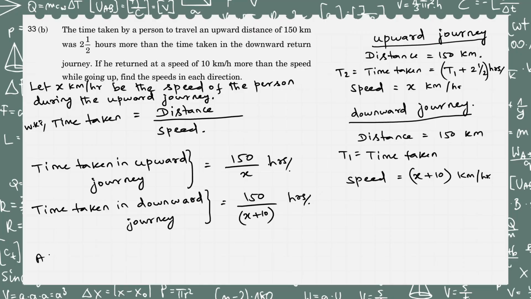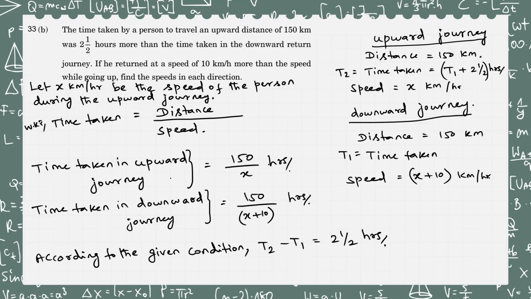Okay, so according to the given condition, two and a half hours. So here I am mentioning that this is time 2, this is time 1. Okay, 2.5 hours we can't use, so we have to convert it as an improper fraction.